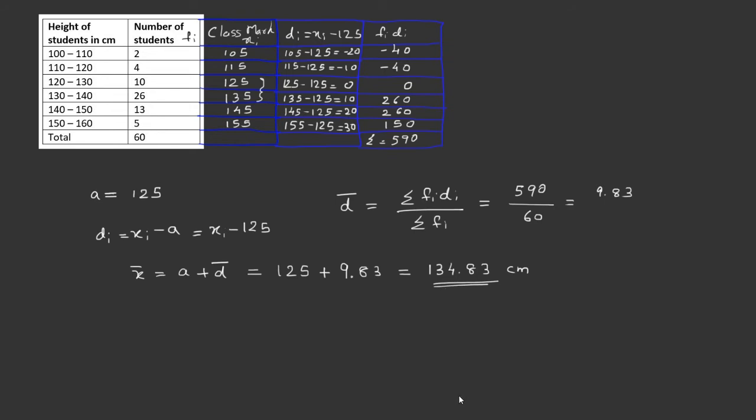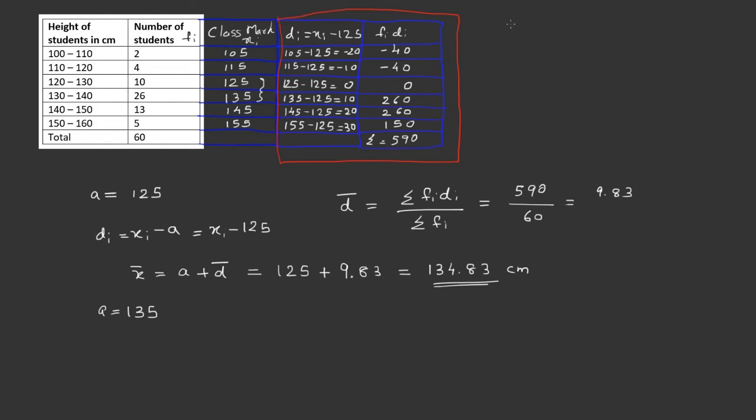Now we need to see whether my choice of A affects the mean. Let us do this same example by taking A equal to 135. I need to redo this much part again.